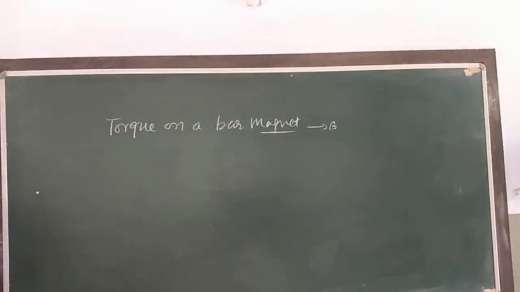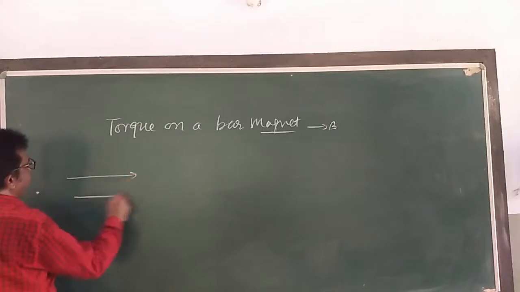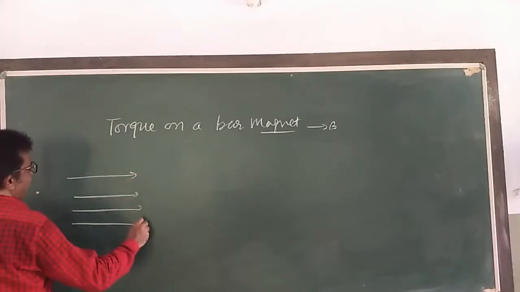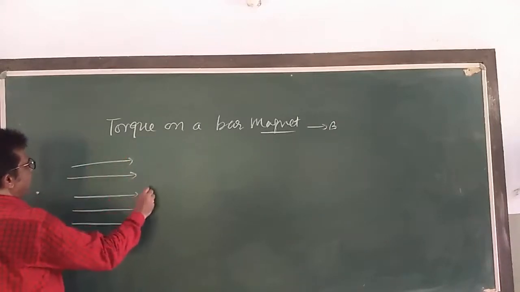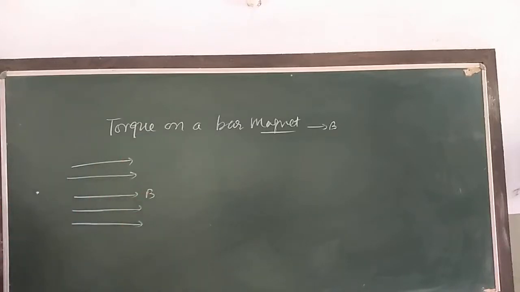Dear children, suppose this is our magnetic field. This is the direction of the magnetic field. And here a bar magnet is placed in a uniform magnetic field.